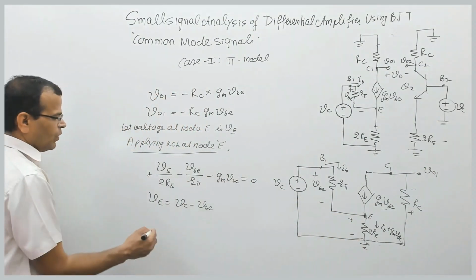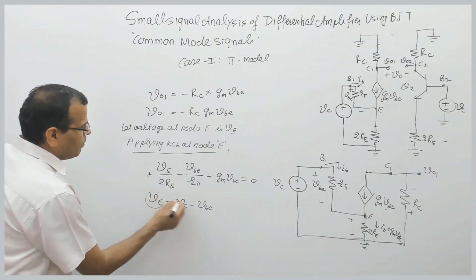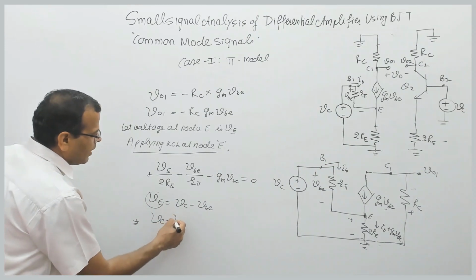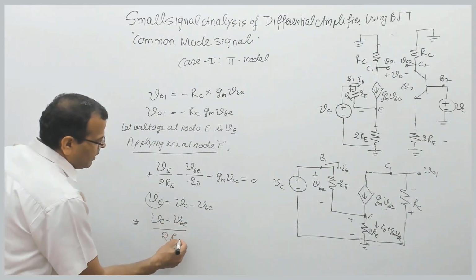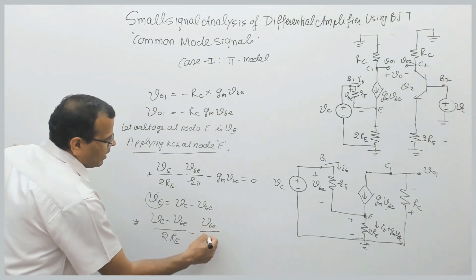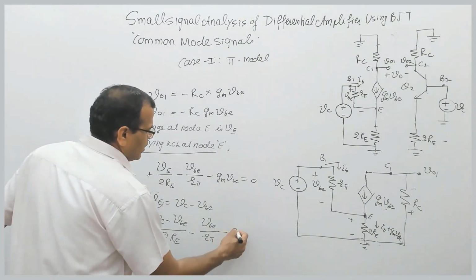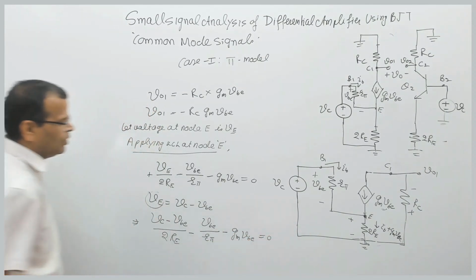So I can replace this VE by this here. This implies (VC minus VBE) divided by 2RE, minus VBE divided by r pi, minus gm into VBE is equal to 0.